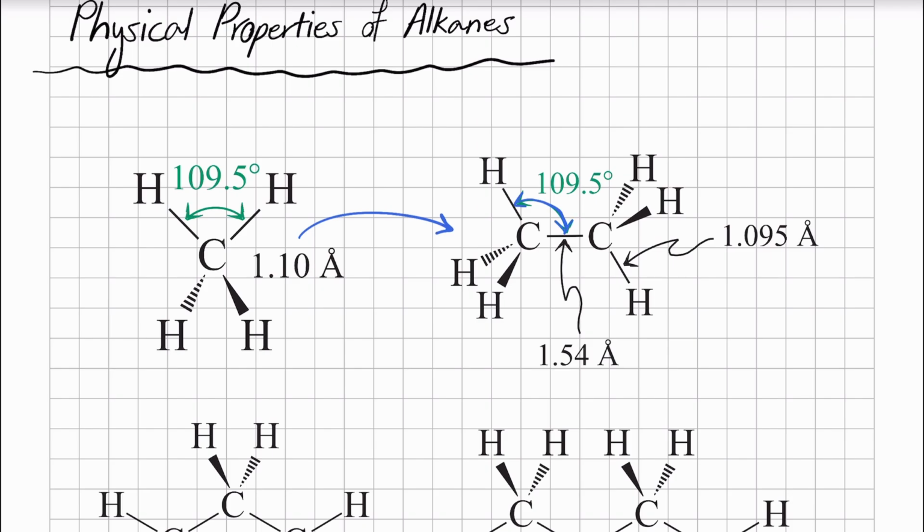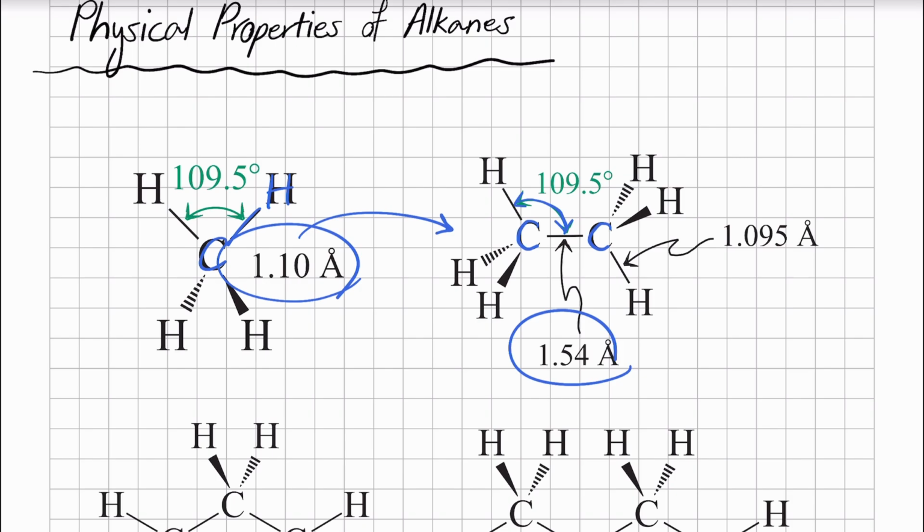But the point that I'm going to focus here is the bond length. You can see that the bond length between 2 carbons is 1.54 angstroms. However, the bond length between a carbon and a hydrogen atom is somehow around 1.1 angstrom.